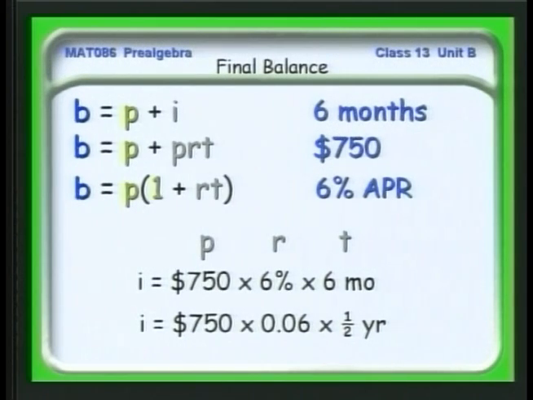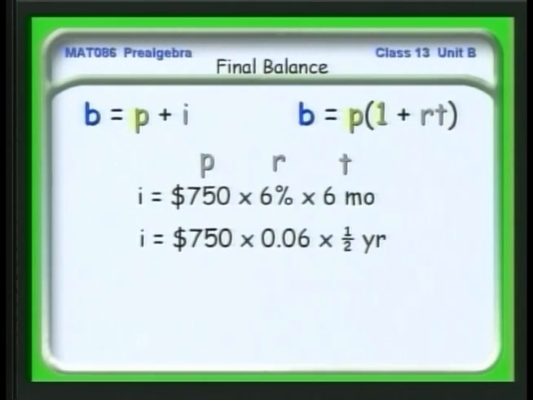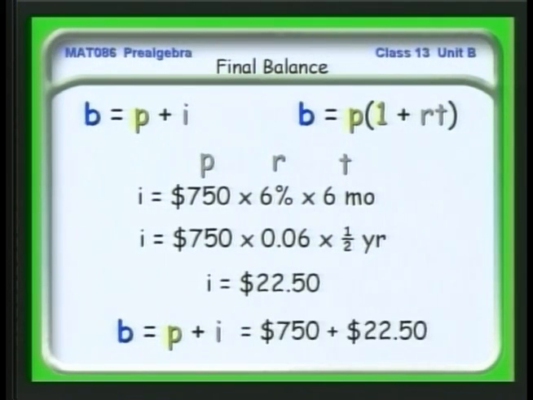Remember, we're talking yearly. 6 months is 6/12 of a year, or 1/2 of a year. Let's continue to work on this. When I do the calculation, I find that in half a year, the principal of $750 will earn me $22.50.